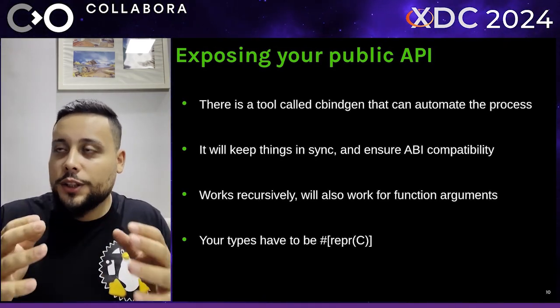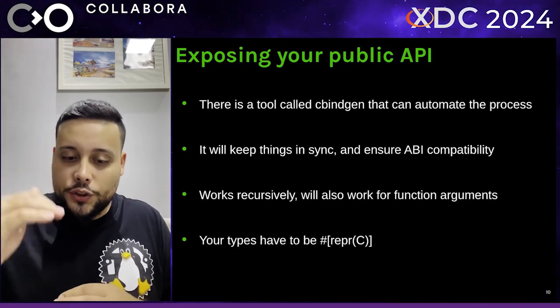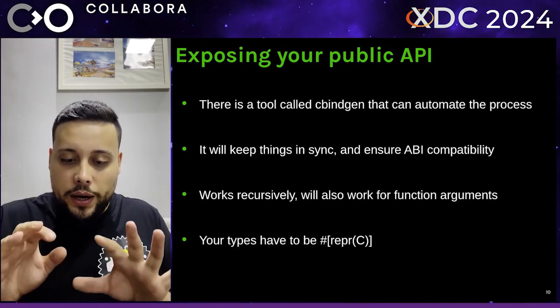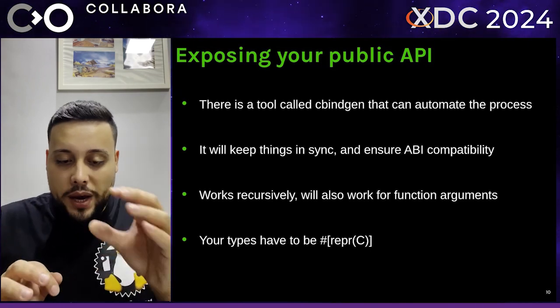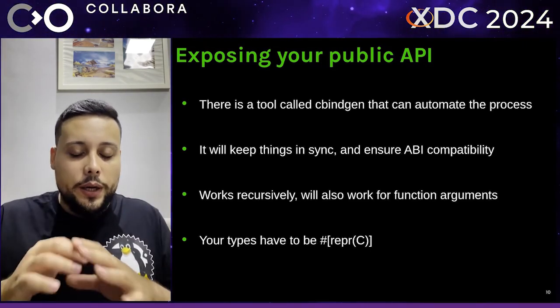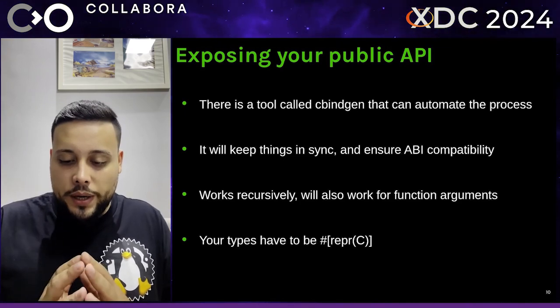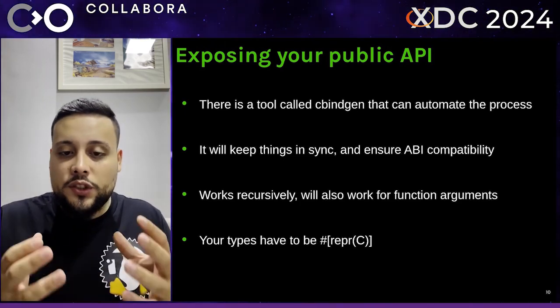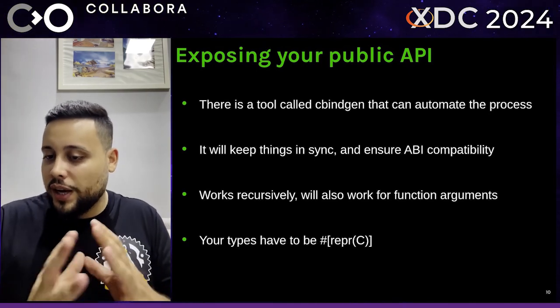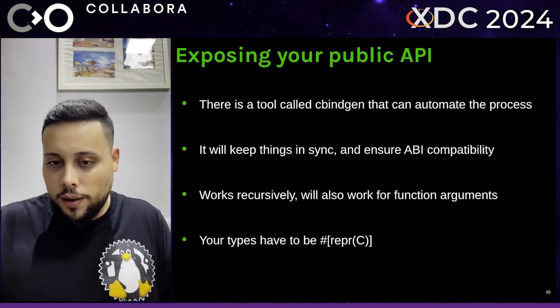So the way it works is it will start looking at your Rust code and see, every time you have a public function with no mangle and the extern C tokens, cbindgen will basically write an equivalent C function prototype for that. It will collect all these function prototypes into a header file and give you this header file.